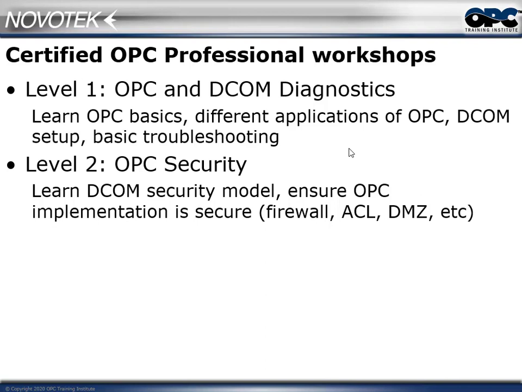So workgroup to workgroup communication, workgroup to domain, domain to domain, domain to workgroup. How exactly does that work? What do you need to set up? And how do we set up the authorization? And also, how do we make sure that we don't give everyone administrator permissions? Because that's also what typically happens. Everybody has administrator rights, and we don't want that.